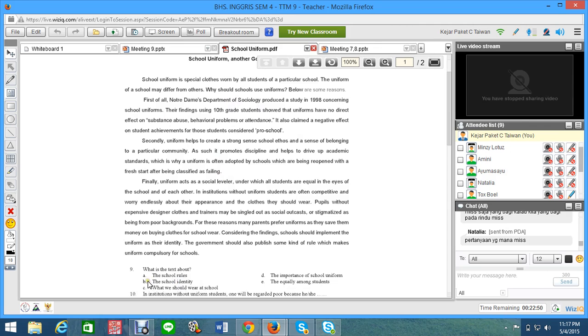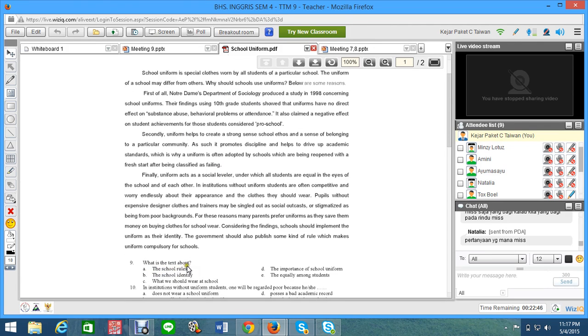Okay, now let's see the question number 1. What is the text about? Jadi ini teksnya tentang apa ini? A, the school rules, B, the school identity, C, what we should wear at school, D, the importance of school uniform, E, the equality among students.